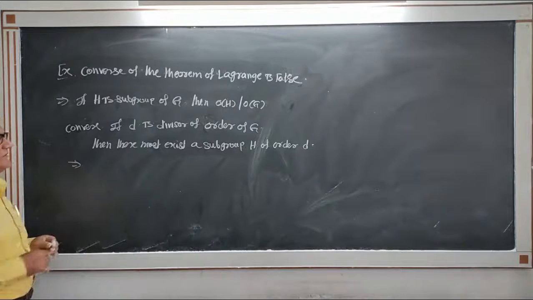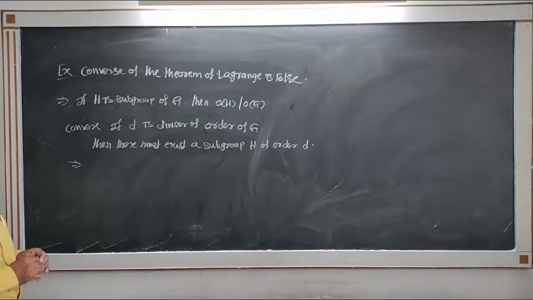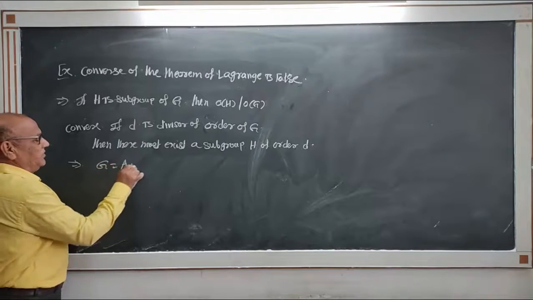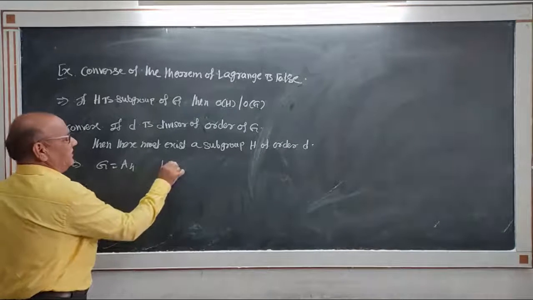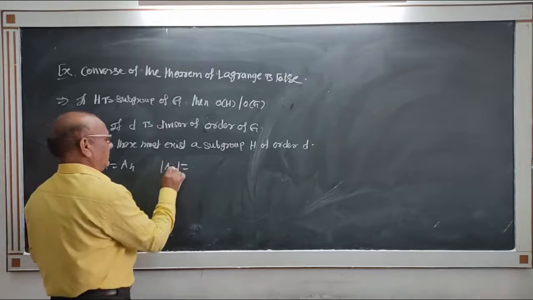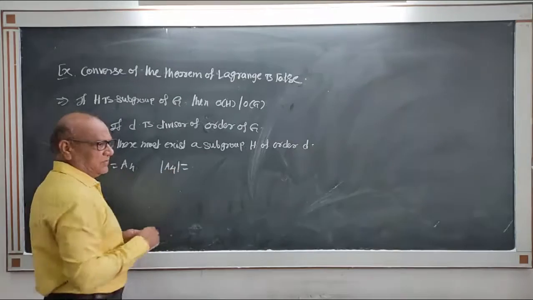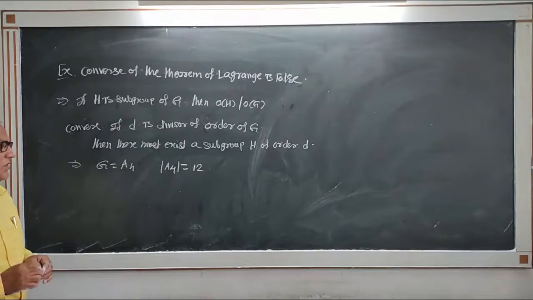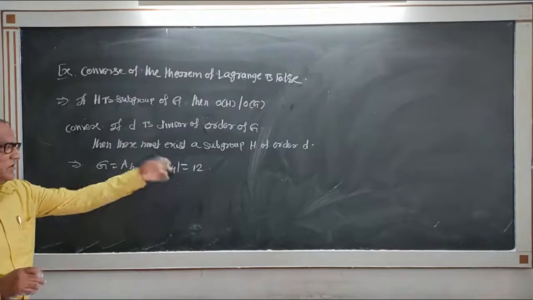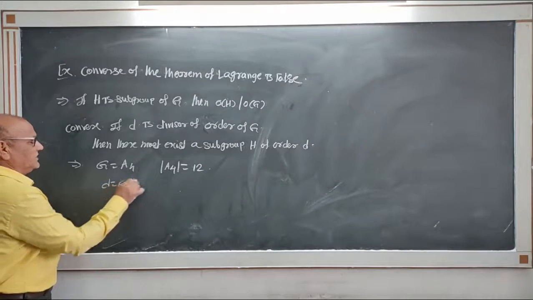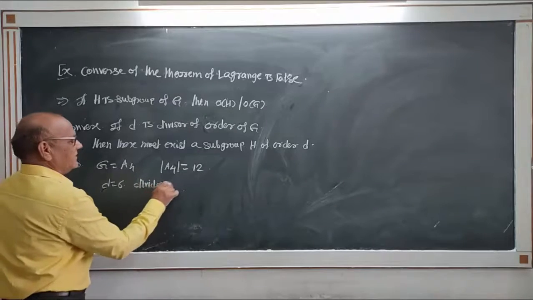See here. If you take G equal to A4, the order of S4 is 24, and so the order of A4 is 12. Now D is equal to 6, which divides 12.